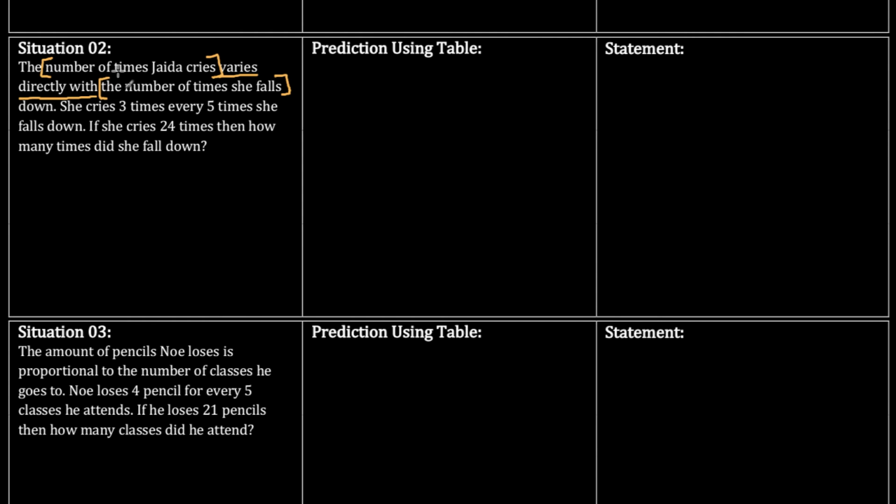The number of times she cries varies directly with the number of times she falls down. So the variable we are concerned with is the number of times Jada cries. So that is our dependent variable.